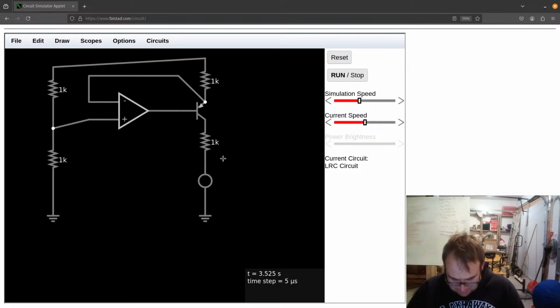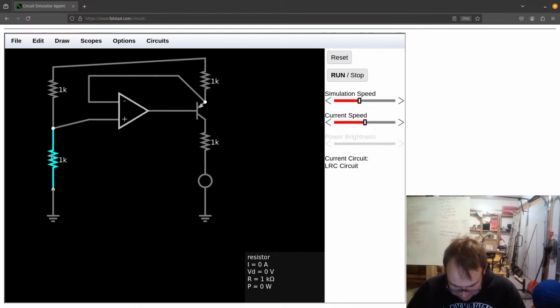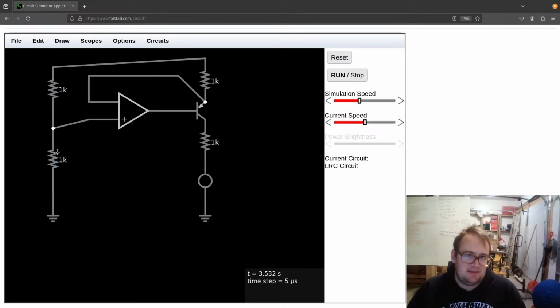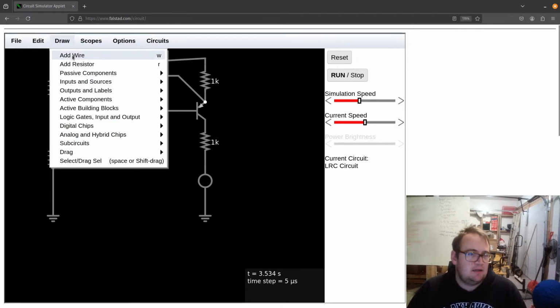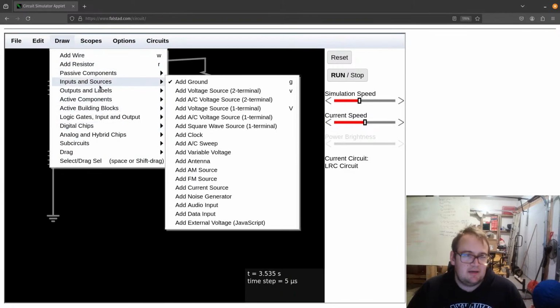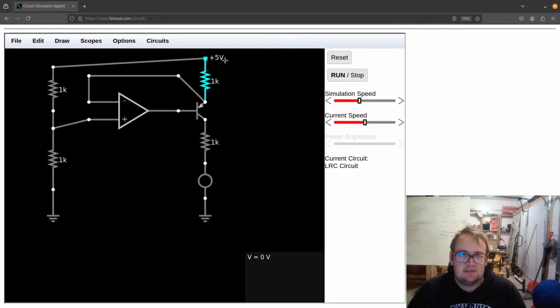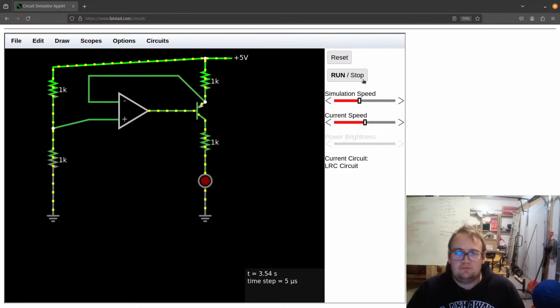So we have these resistors here, and it has VCC minus VN. VN would be set by this, so we will set VCC with an inputs and sources voltage source. There, 5 volts. Oh, let's stop it. Let's set.